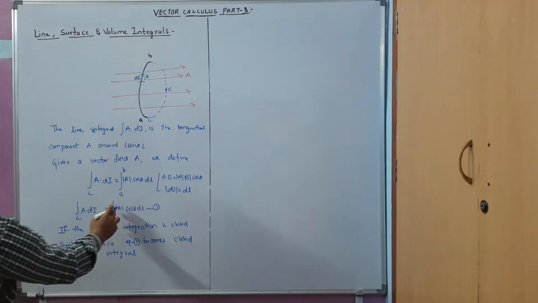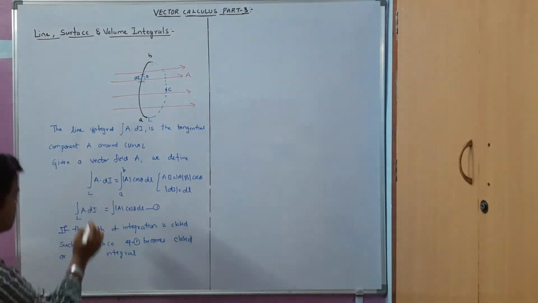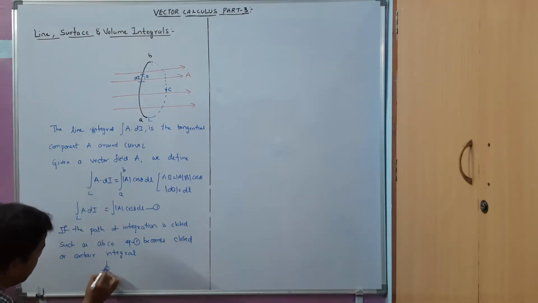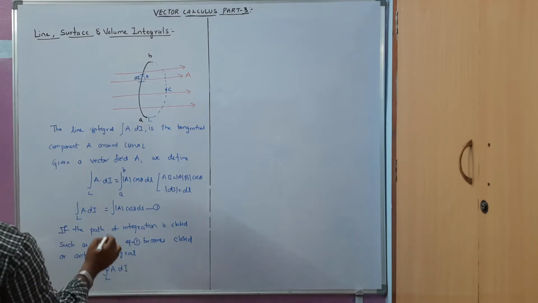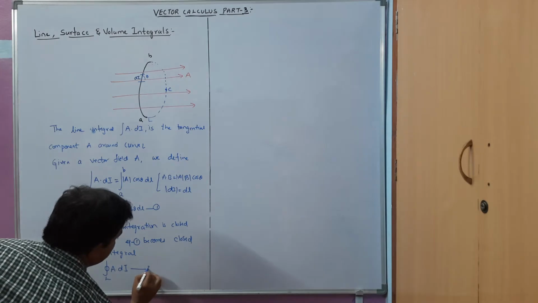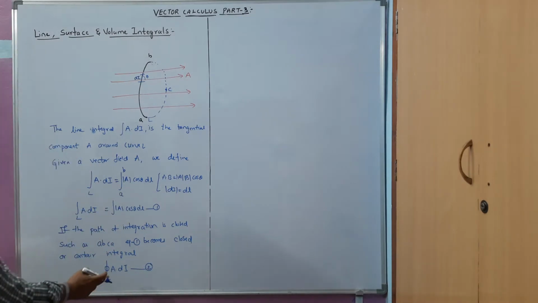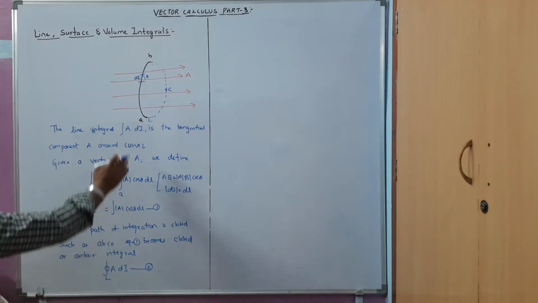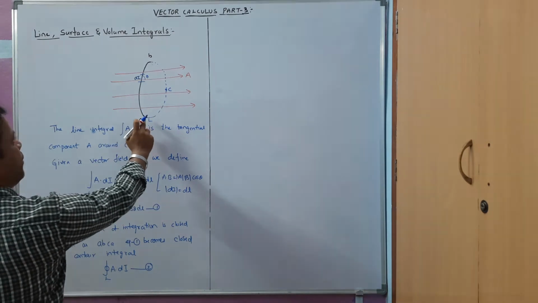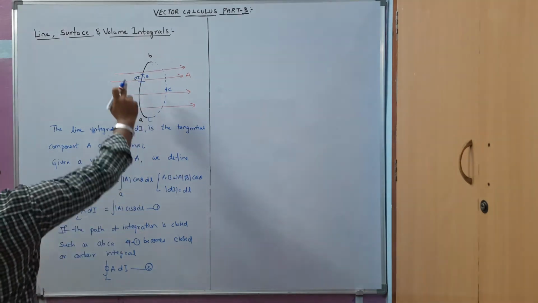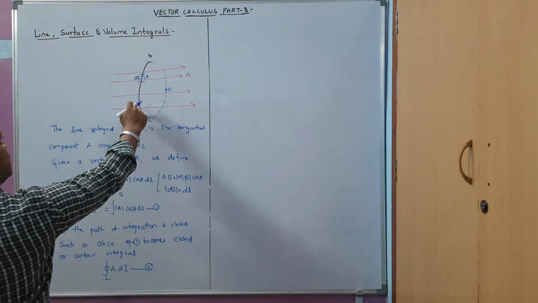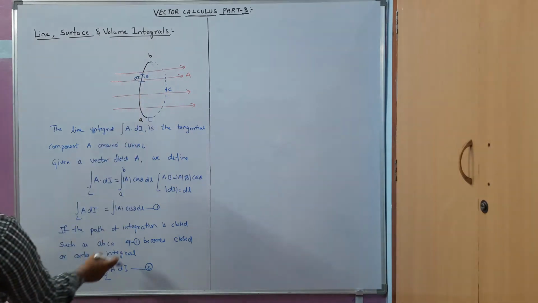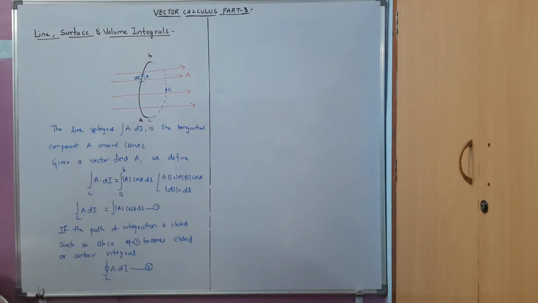I can now write this line integral as a closed line integral of A dot dl. Let us take this as equation number 2. By closing this path, we have got a closed line integral.